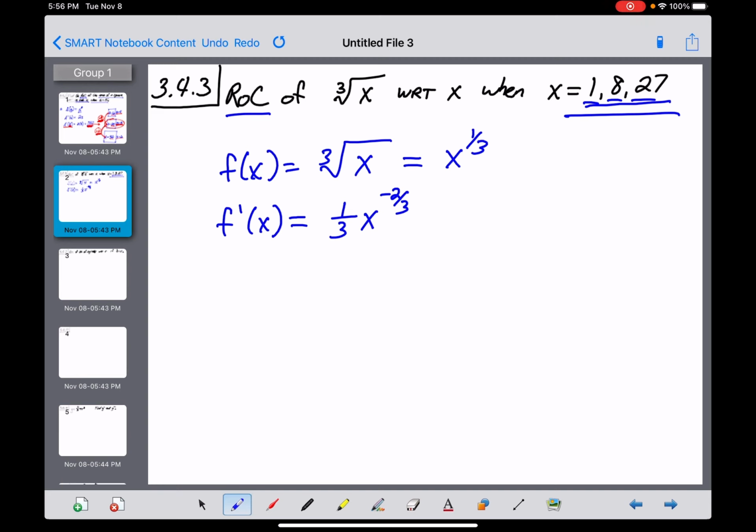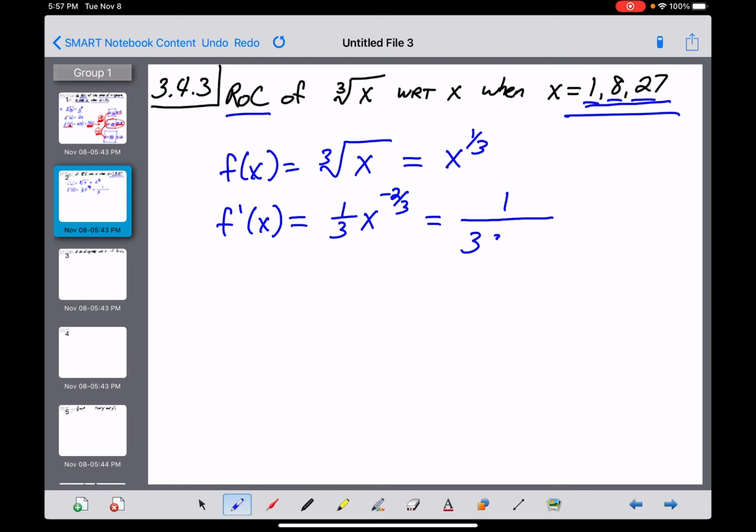However, since we have to evaluate it, I think it would probably be a good idea to put this back in a format that was a little bit easier to deal with. The 1/3 out in front gives me a 1 on the top and a 3 on the bottom, and then the x to the negative 2/3, because it's a negative power, will go underneath the fraction.